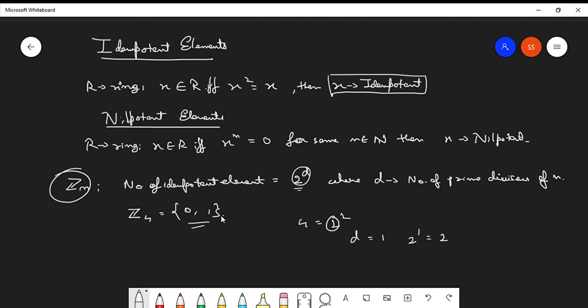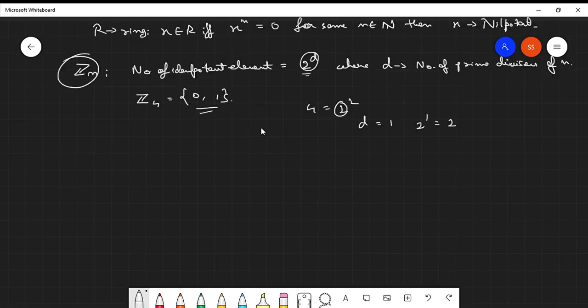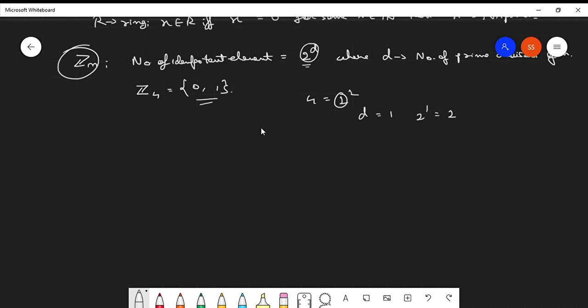Acha. Suppose you have a ring Zn, and this n is square free. What are square free numbers? The prime factors do not repeat.